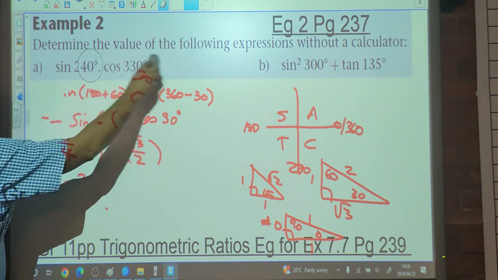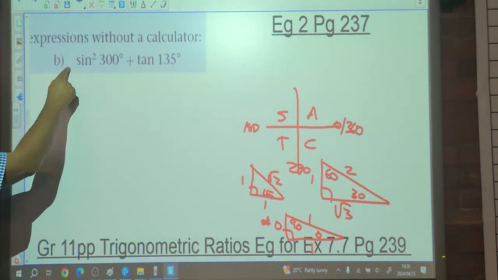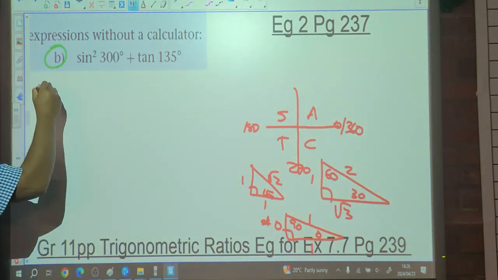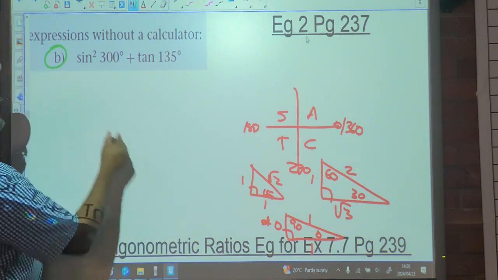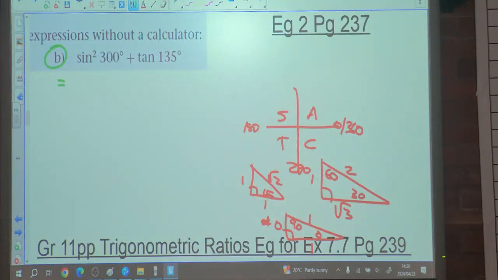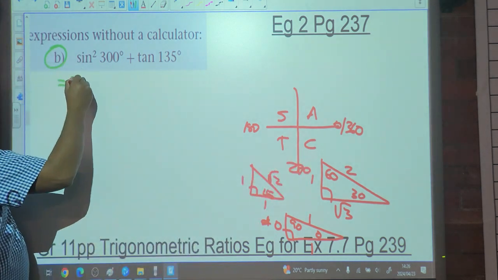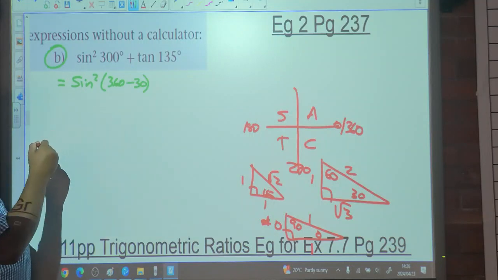Alright. Let's go with B. We don't need to write B. Sine squared 300 plus tan 135. People, which quadrant is 300 in? Fourth quadrant. How do we get in the fourth quadrant? So it's 360 degrees minus 60.